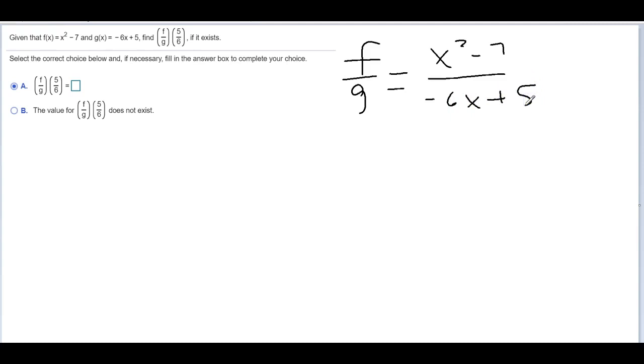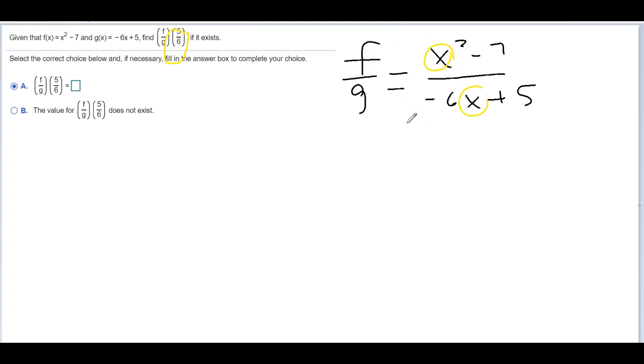We don't have to worry about simplifying or anything because we are going to actually take this quotient and substitute in the value 5/6 in place of each one of the x's that we see. So we're taking this 5/6 and we want to substitute it in for this x and for this x. Okay? So let's see what that looks like.